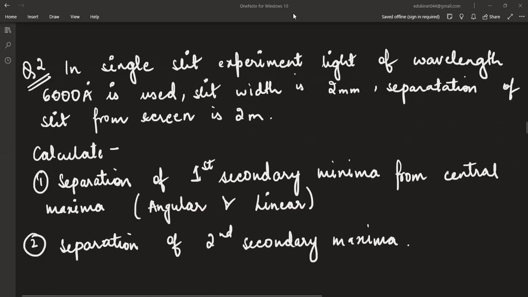This question, class, is an important question. This will cover most of the portion.